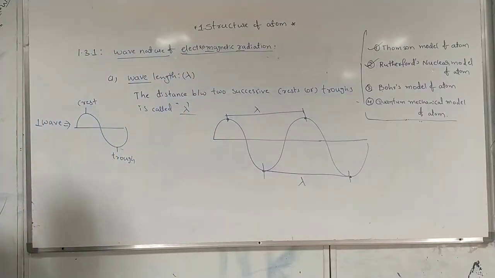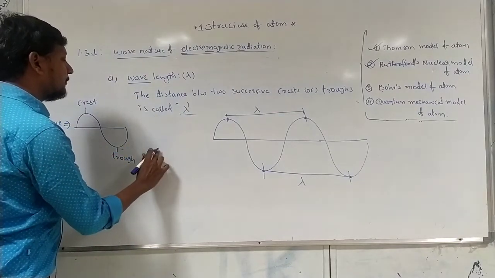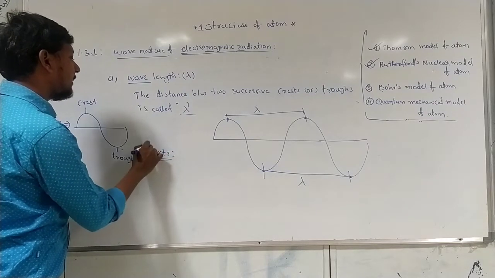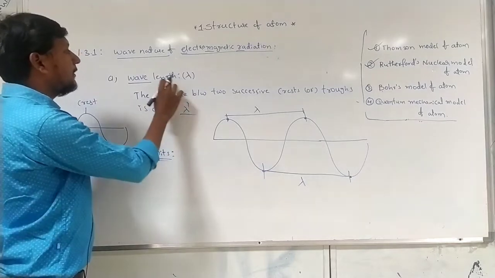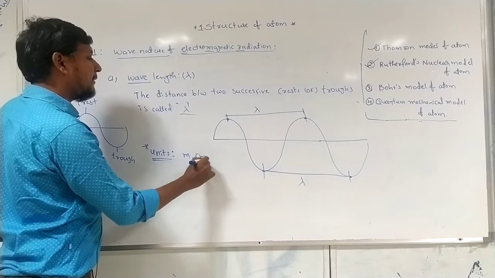Units of the wavelength are most important. Length units are meter, centimeter, like that.